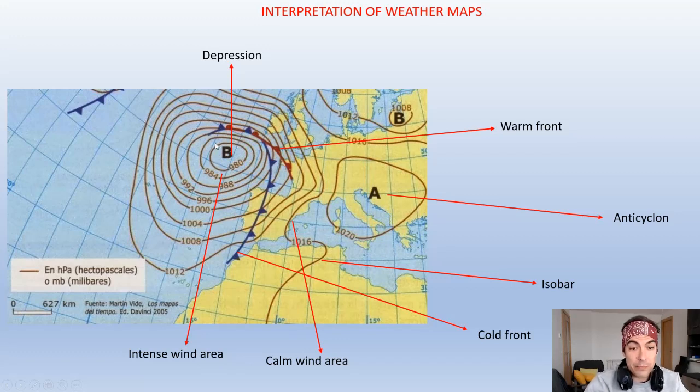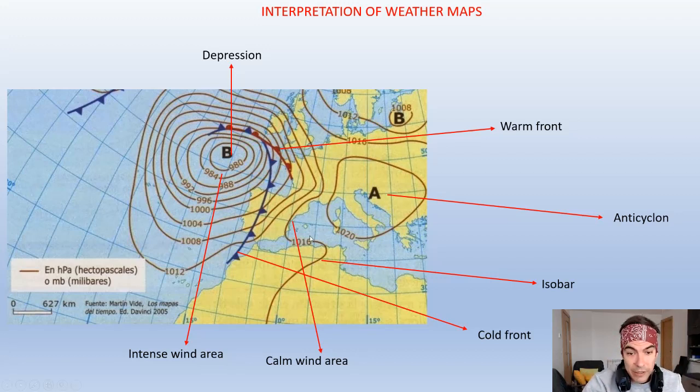And since the distance between these isobars is very short, we can expect the winds to be very intense. As you can see, the closer the isobars are, the more intense the winds are, because the equilibrium is going to be achieved before.